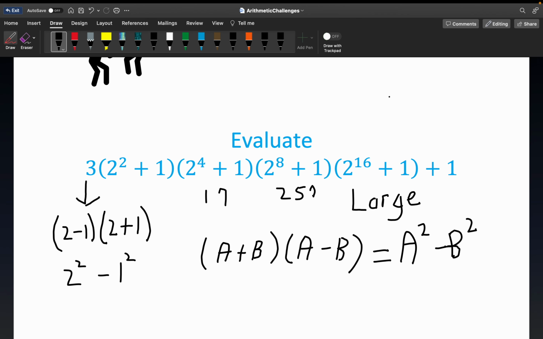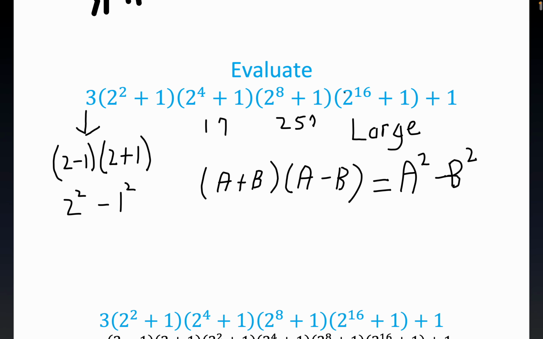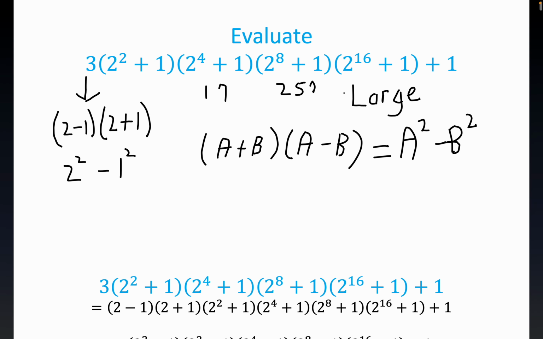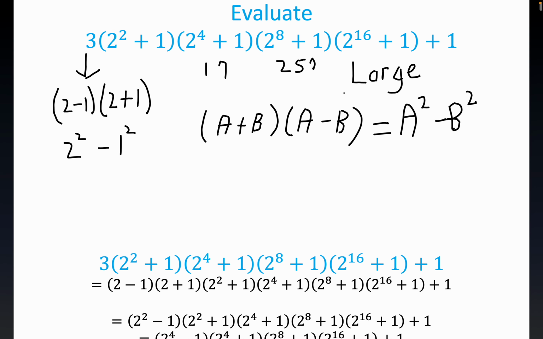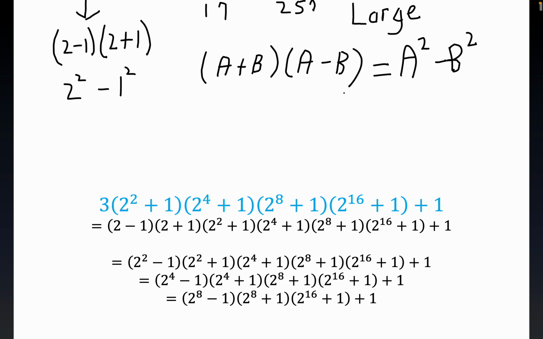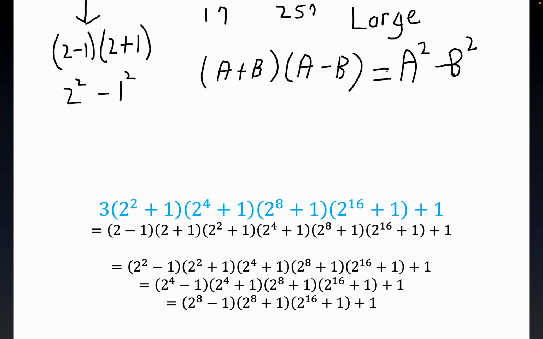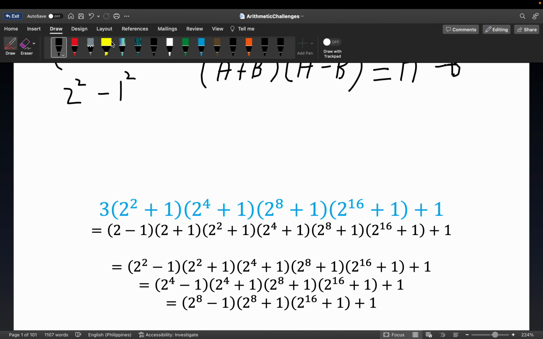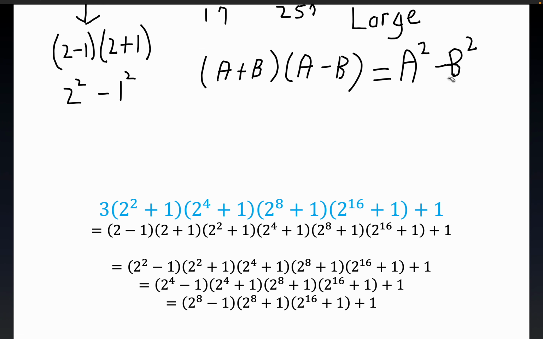Now let's take a look at how this problem might carry on. I've written down most of the work here. Everything we just discovered is written down here, and we just repeatedly use this difference of 2 squares formula. Let me get that erased and neaten up just a little bit.